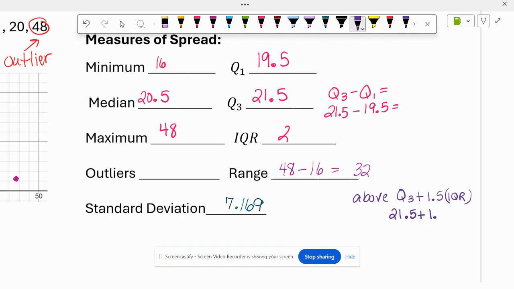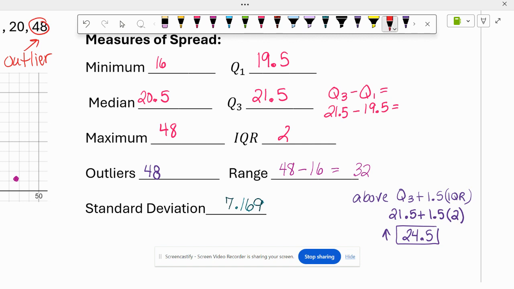Plus 1.5 times my IQR, which is 2. So what does that equal mathematically? Say it loudly. 24.5. So do we have any numbers that are bigger than that? 48. So we know that 48 is an outlier.